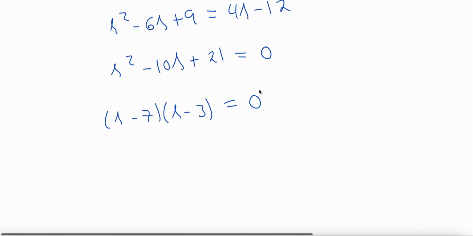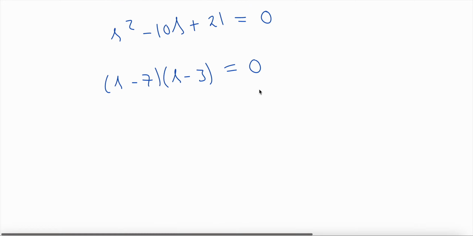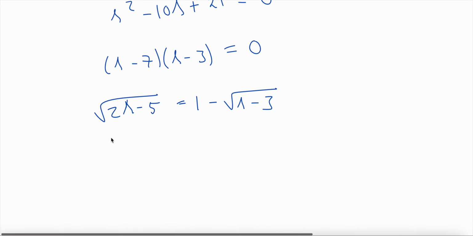Alright, so now we're going to want to check for extraneous solutions. Let's try 7 first. So our original equation, let's remember, was the square root of 2h minus 5 equals 1 minus the square root of h minus 3. So plugging in 7 here, we have the square root of 2 times 7 minus 5 equals 1 minus the square root of 7 minus 3.